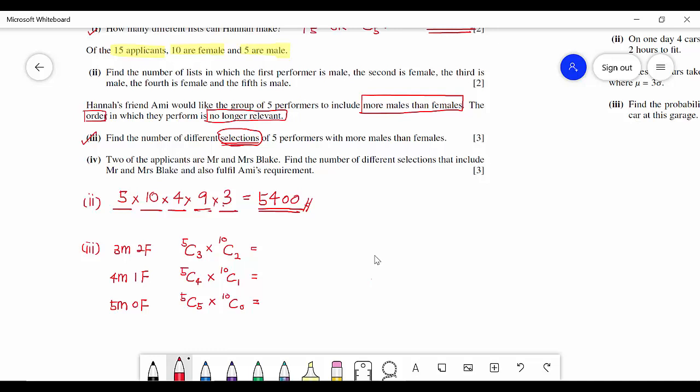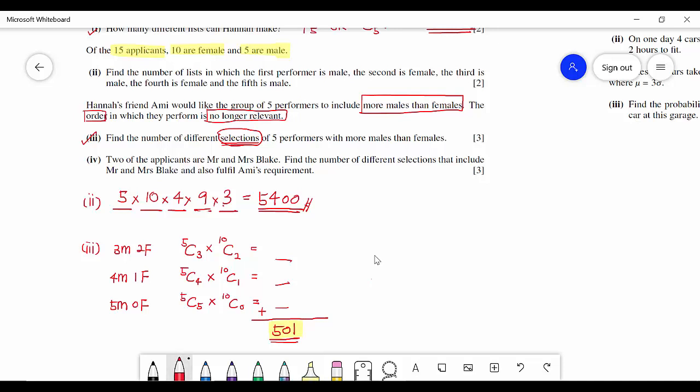If you have all the answers for the different cases, you can total them together. So you add the first case, second case, and third case, and eventually the value that you get should be 501. So this is what we have for part number 3.